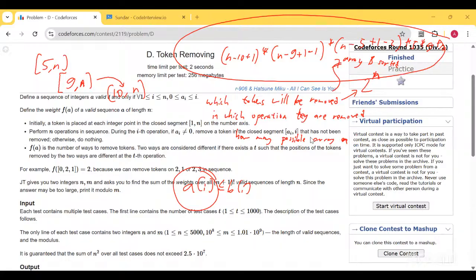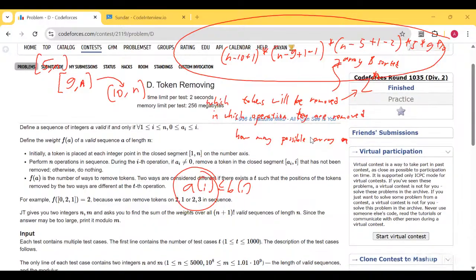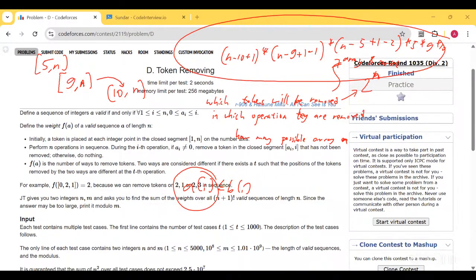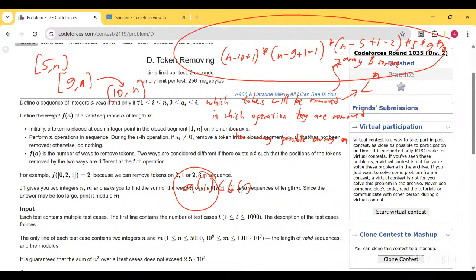Okay, that's why, for its index, if we want to remove index I, we want to know how many other tokens we want to remove.